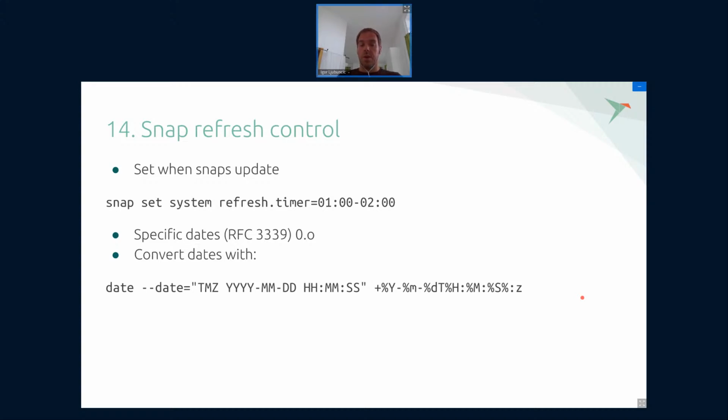Or you can go with a very specific date format, which you can set and then convert to tell Snapd, okay, I'd like my snaps to update on the 27th of May at 9:24 in the morning. This way, you can then combine updates, which bring security and functionality changes, with testing, reliability practices, or other things that you may have in your business organization or even at home.